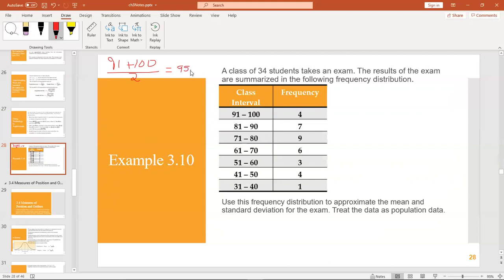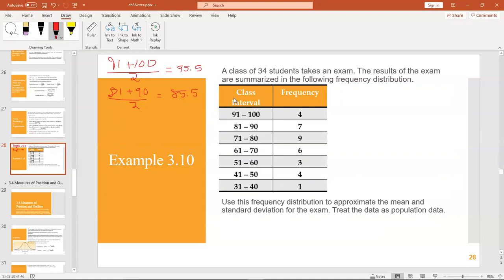So you add up the numbers and divide by 2. You do likewise with 81 plus 90. Those are the endpoints of the next class interval. If you work that out, that should be 0.5, sorry. This will give you 85.5.